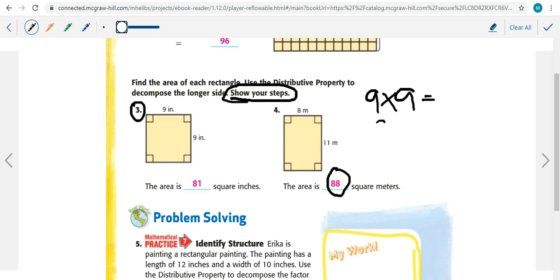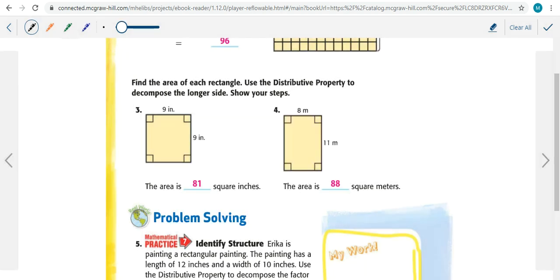We can write this as, we are going to decompose this number, 9 times 9, as 9 times 4 plus 9 times 5. Okay, we are decomposing 9.